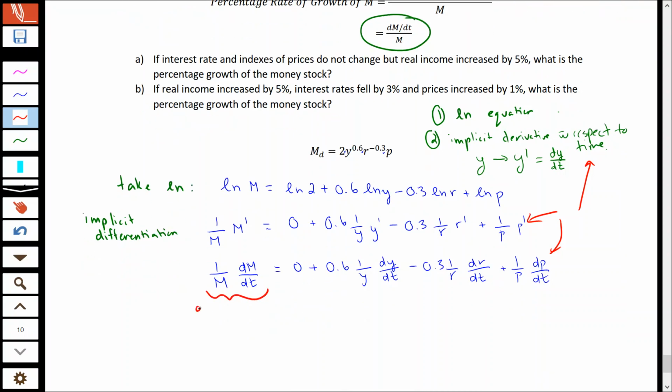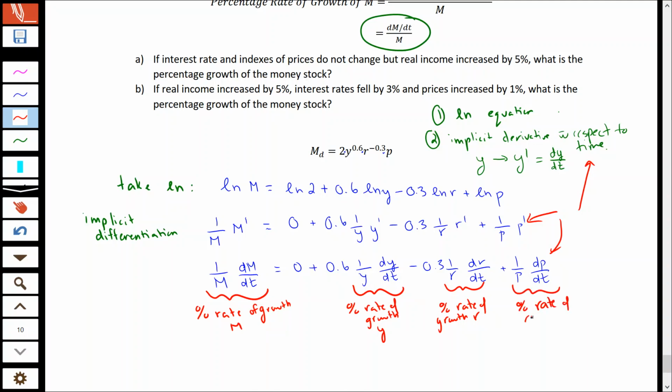So this term here is that percent rate of growth of m, and this term here is our percent rate of growth of y, and this term here is the percent rate of growth of r.